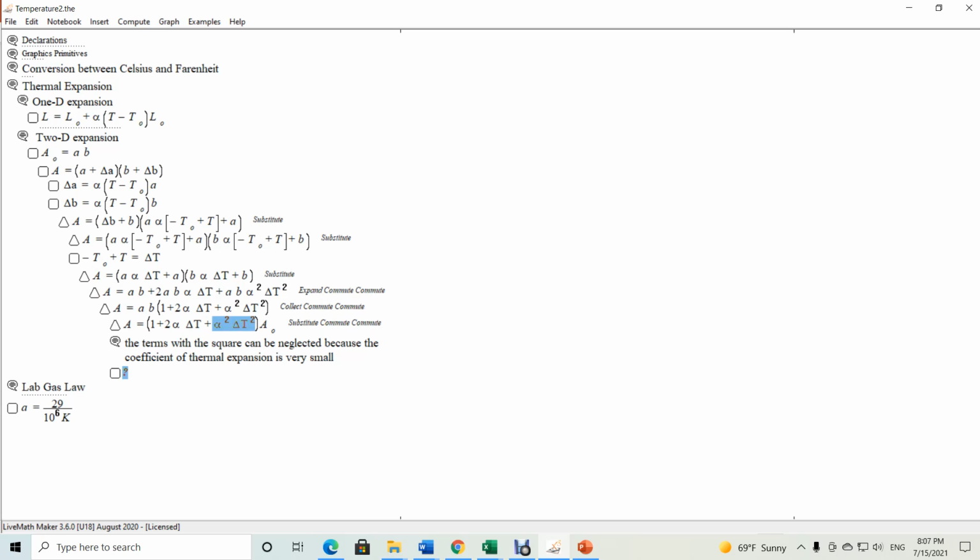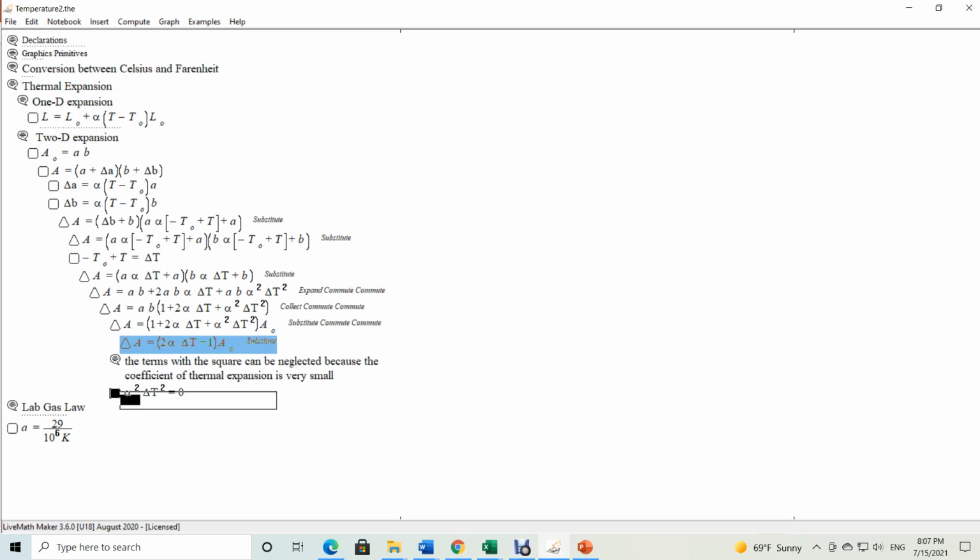We can say that alpha squared times delta t squared is approximately 0. Okay, but only the square term is negligible. They are not equal to 0.